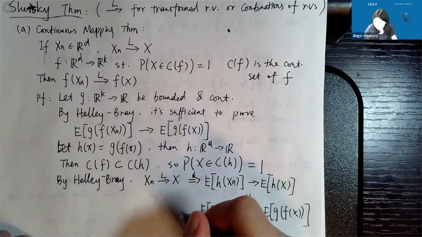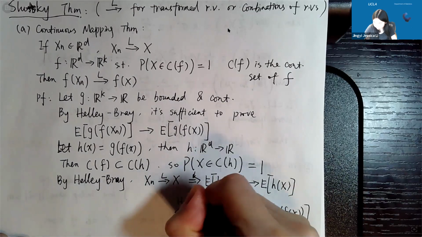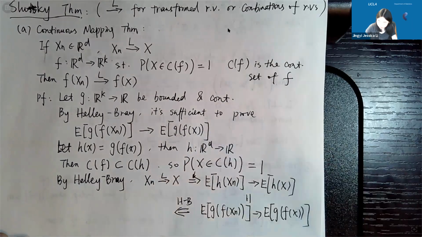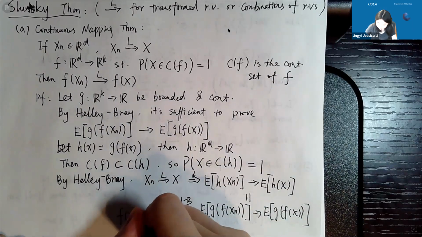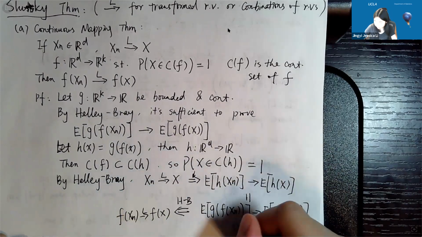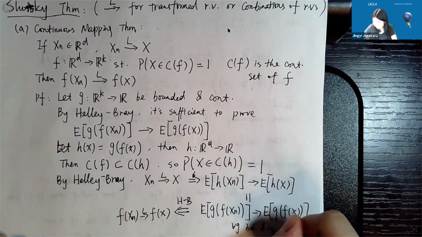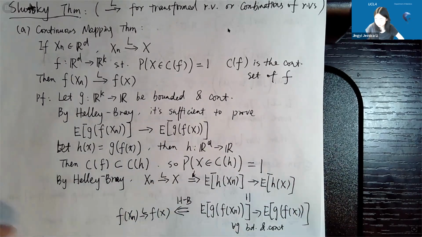Then by the other Portmanteau direction, we have f(xn) converges in law to f(x). So this is for any g bounded and continuous, right? So you see that here we basically apply the Portmanteau theorem for two directions, then we prove it.